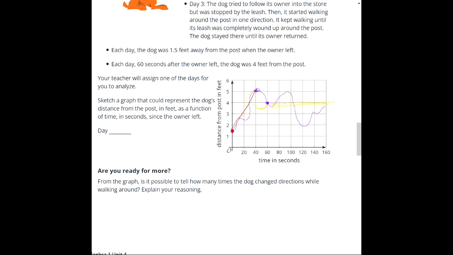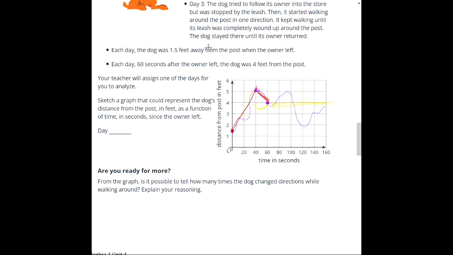So that's just going to be a straight line. Now, we also know that the dog is at 60 seconds 4 feet from the post. So we have to do this. It has to go down to that point right there.